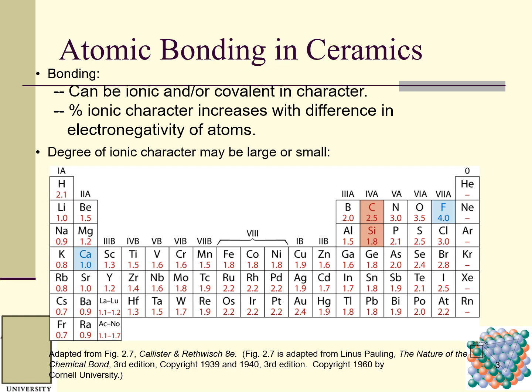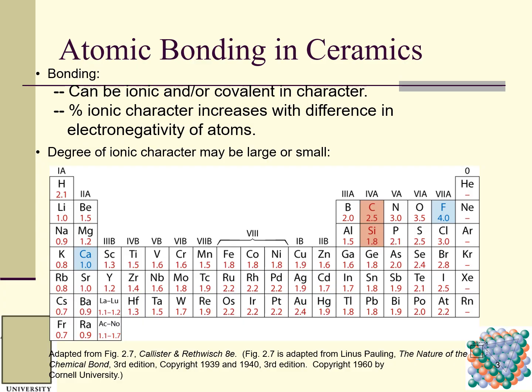So for example, for this periodic table, we can see this is Fr. This is 0.7. This is the lowest one. And here, this is F, and it is the highest one. So the difference between these two is the maximum, at least for this current periodic table.